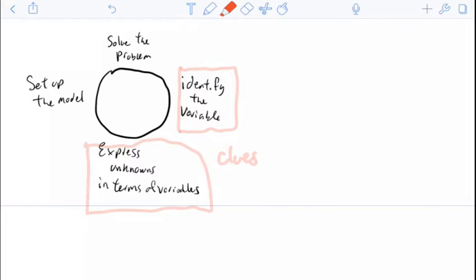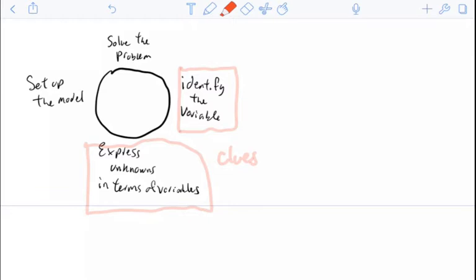Each of these is a statement relating different values, and it's also kind of a constraint on what the solution has to do. The solution has to do this, and the solution has to do that. We write each of those as a mathematical expression.